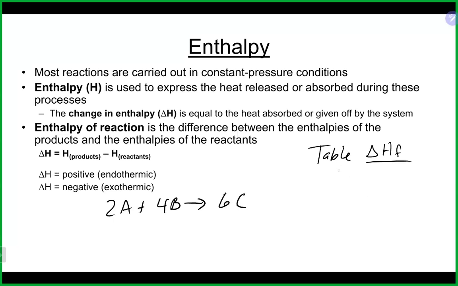If we go to this table, we look up A, B, and C, and we have some values here. A is, we'll just call it, 15 kilojoules. B is negative 25 kilojoules. And C is, we'll go with 98 kilojoules per mole. These would be values that you would find in this table, and this type of information would definitely be provided for you. Obviously, you don't have to memorize the table or anything like that.